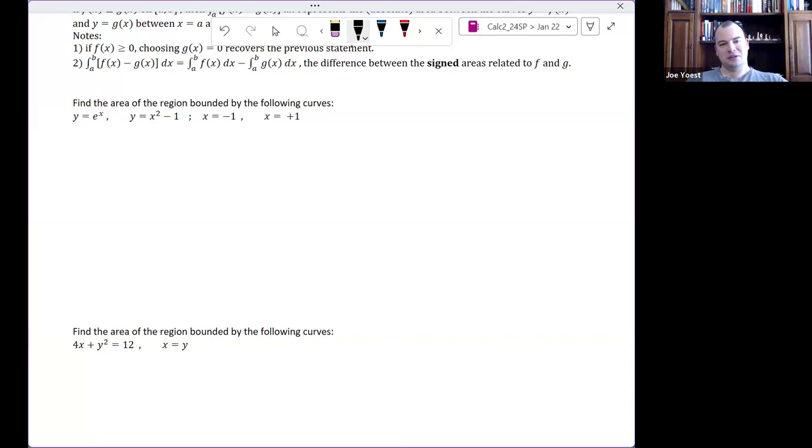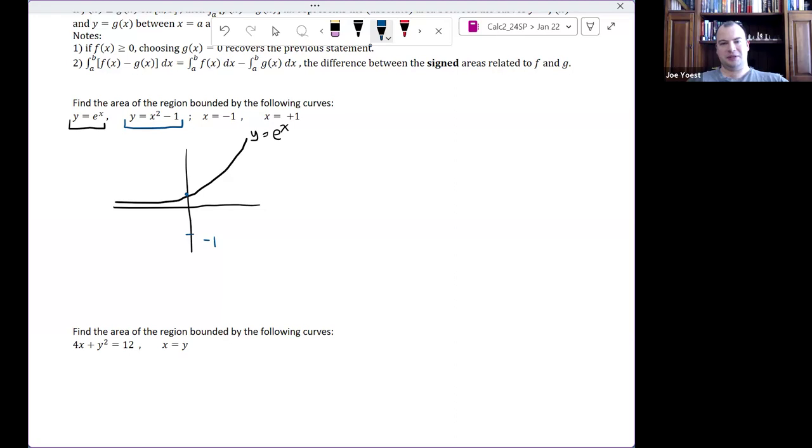Okay, so let's start with y equals e to the x. And y equals x squared minus 1. Here's maybe -1.